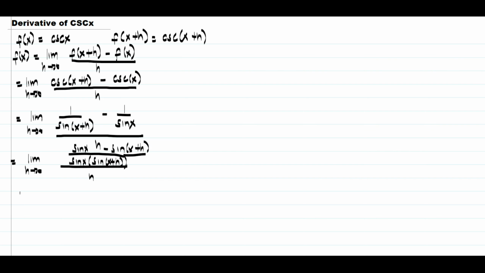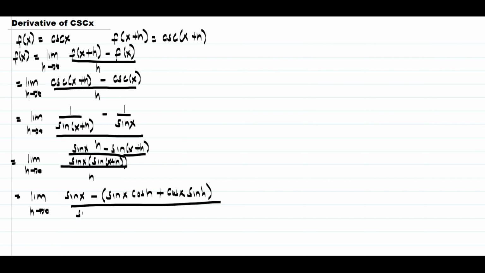So let us simplify this one. Let us have limit h approaches 0. Let us rewrite sine x minus, since we have sine x plus h, let us use the sum identity for sine, that is sine x cosine h plus cosine x sine h, all over h times sine x times the quantity sine x cosine h plus cosine x sine h.